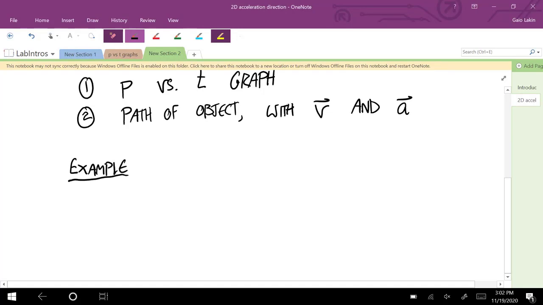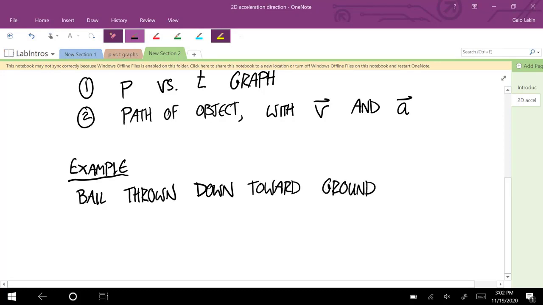So let's say that a ball is thrown straight down towards the ground. Okay, and we want to do two things. First, we want to draw a position versus time graph of that motion.